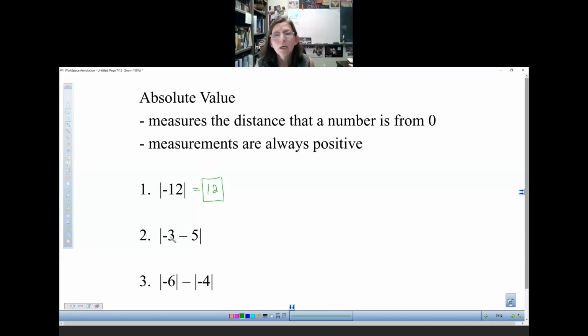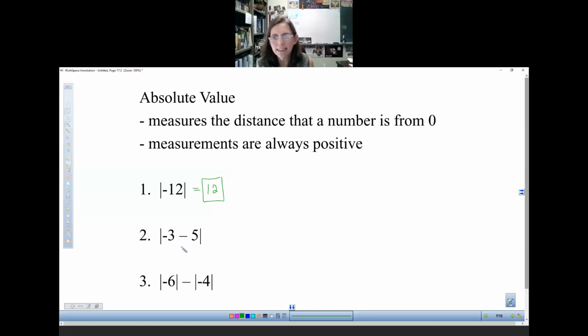Okay? Now the difference is in problem number 2, I have this concept inside of my absolute value. And if you remember, and we're going to talk about order of operations, you have to take care of things that are inside before you can move out. It's kind of like when you get ready to start your day, there's certain things that you have to do before you ever walk outside of your house.